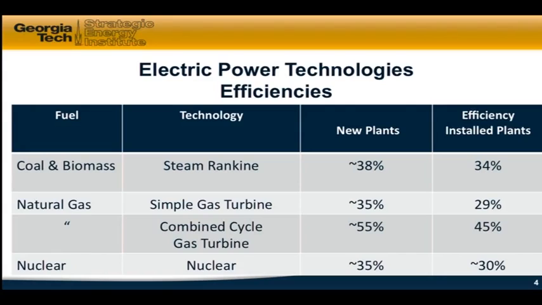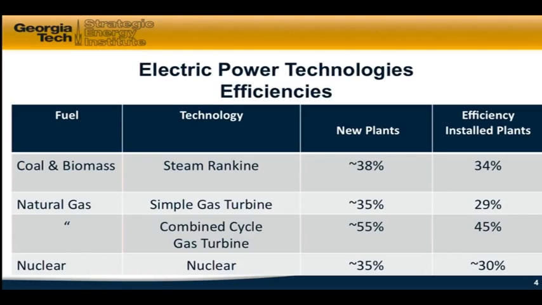So you can see that the combined cycle gas turbine utilizes natural gas at a much higher efficiency than the coal does, which is only 35% versus 45% for the natural gas combined cycle. That's one of the reasons that you have lower carbon emissions.